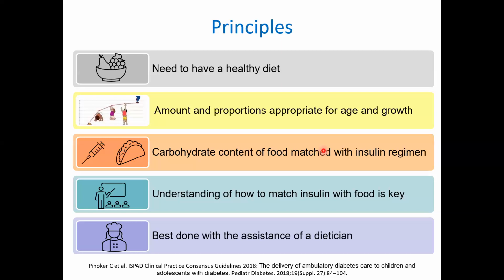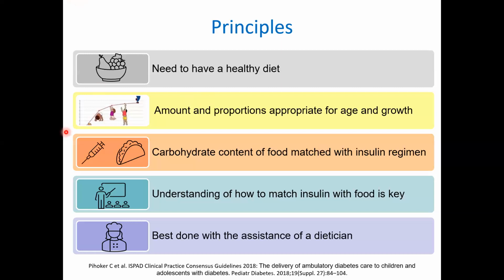So that they also don't feel like they're different or left out. And also when we don't involve the whole family, this encourages disordered eating behavior, and it encourages them to start sneaking foods or stealing foods, and basically that results in poor glycemic control.